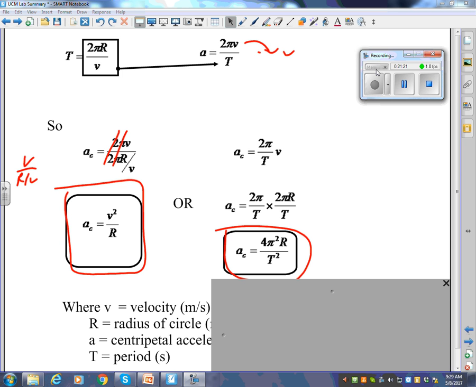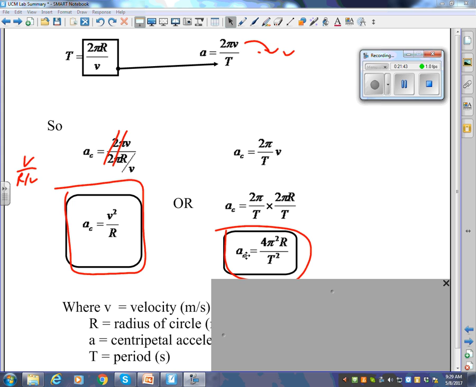But this is 4 pi squared r. Countless grade 12 students have gotten this wrong because they just go 4 pi r squared, since that's what they've used before. So be very careful. It's 4 pi squared r over T squared.